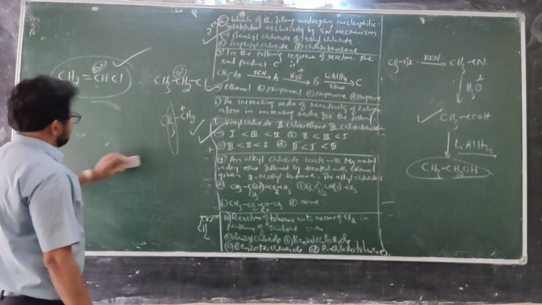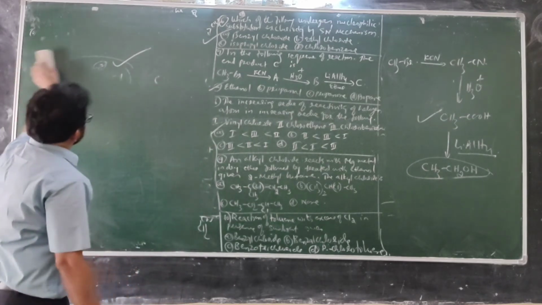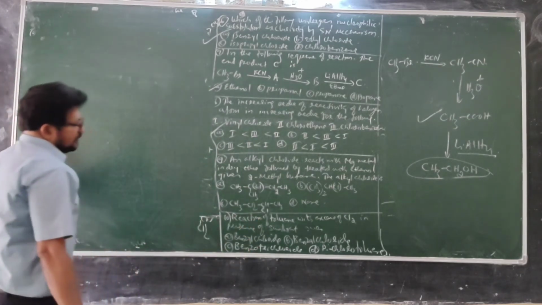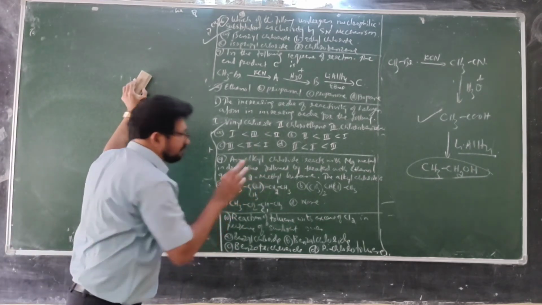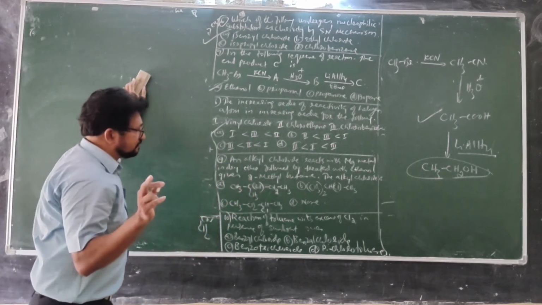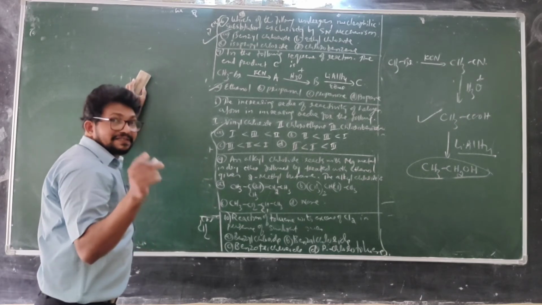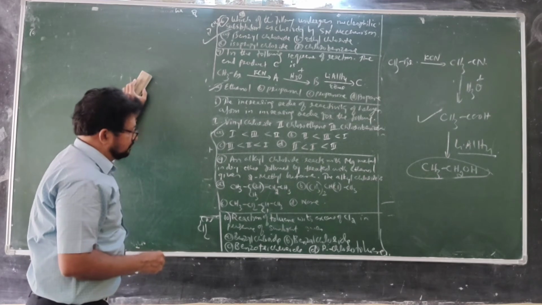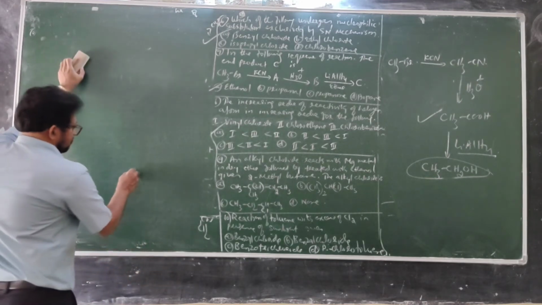Some alkyl chloride is there, they are in the options. That alkyl chloride is treated with magnesium metal, Grignard reaction, in dry ether. And then it is treated with ethanol. And the final product is this one.